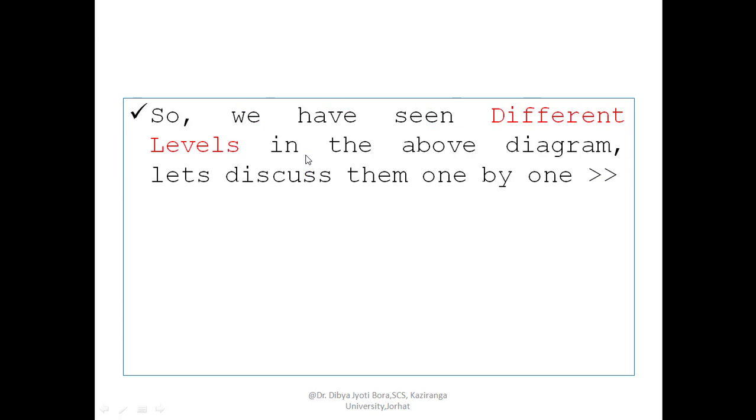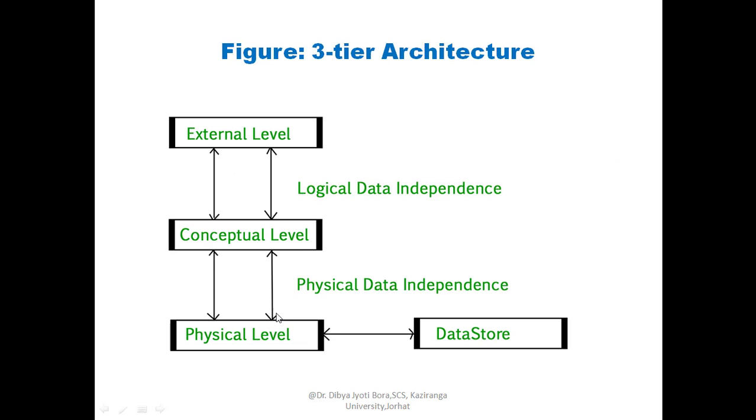You'll see in the figure that between the physical level and the conceptual level, we have physical data independence. At the physical level, locations of the database objects are kept, and at the conceptual level, data are represented in the form of tables to the users, but users are not aware of the locations of the database objects.